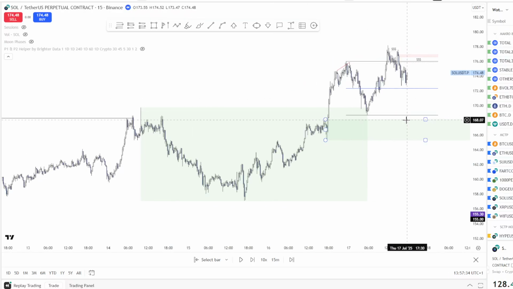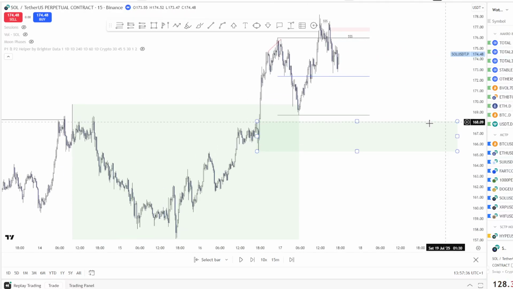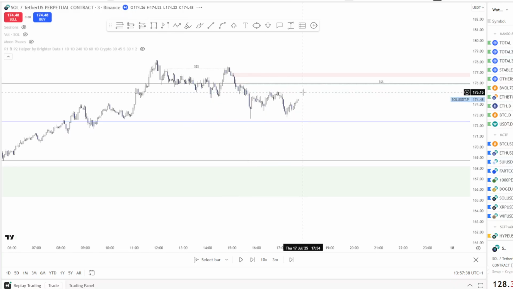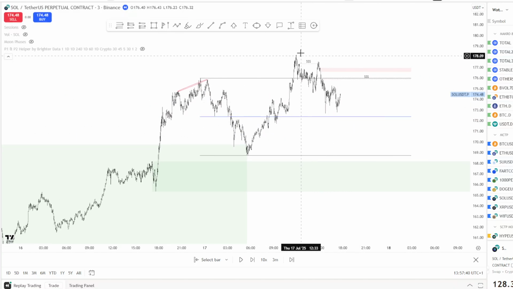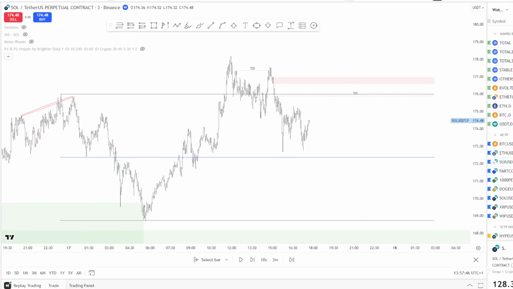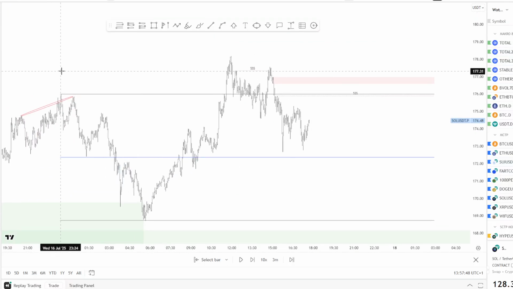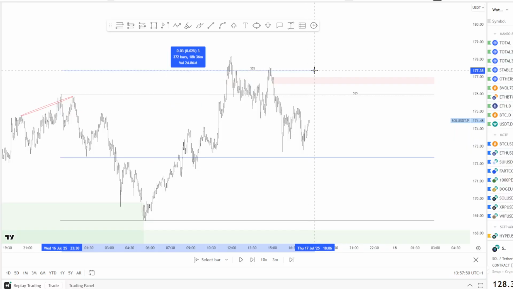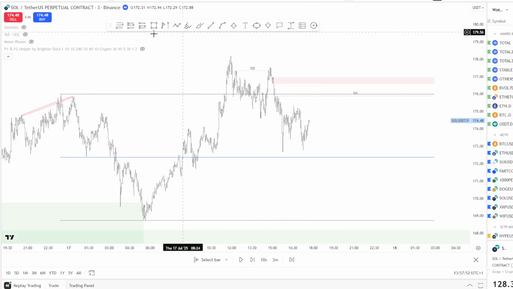So let's keep that in mind and look at the potential model. The way we are coming down here, leaving behind some liquidity, range duration as of now is 18 hours. So maybe we will get something here. Let's see.